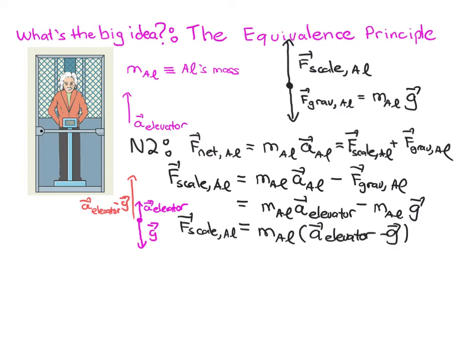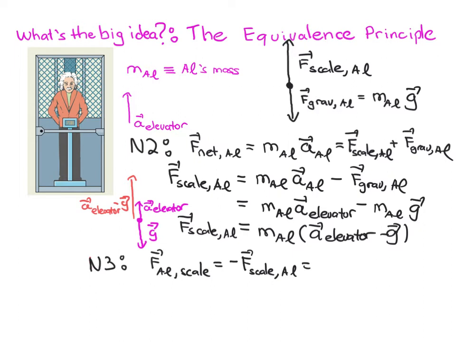And now we wanted to know, what will the scale read? Well, the scale reading depends on the force that Al exerts on the scale. So let's use Newton's third law to write that down. The third law says that the force that Al exerts on the scale, that's going to determine what the scale reads, is by virtue of the third law equal to minus the force that the scale exerts on Al.